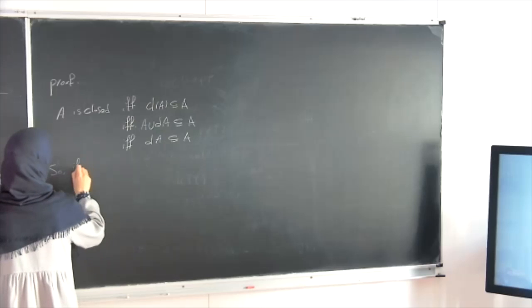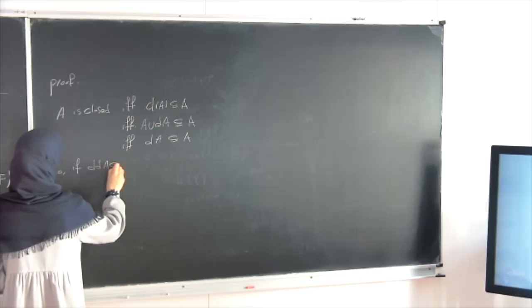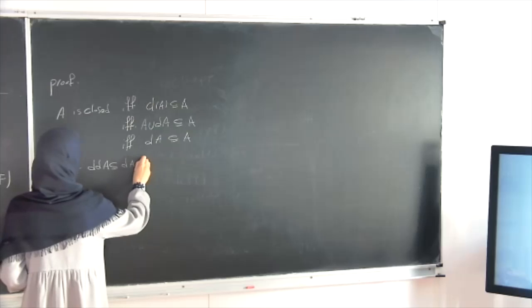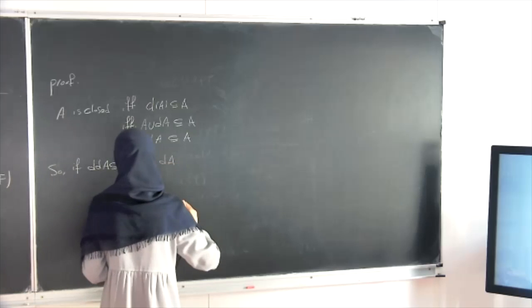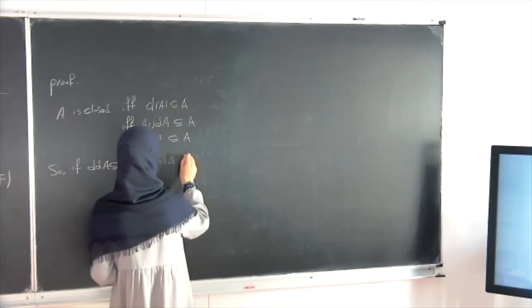So if D of D of A is a subset of D of A, then this means that D of A is a closed set.